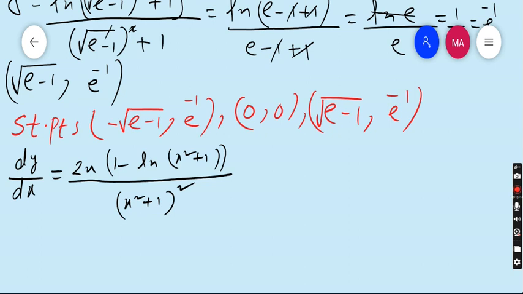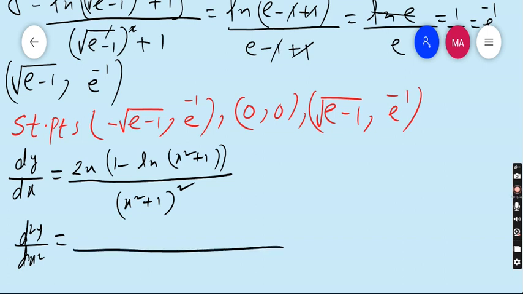Now it's time to find the double derivative. In order to find the double derivative, we have to use the u upon v formula.